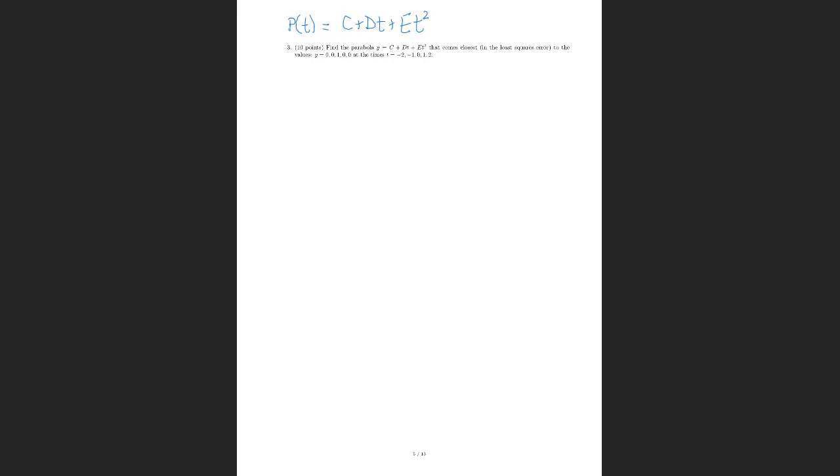So then if we plug these in for t and plug these in for the polynomial, that will give us a system of equations. So let's see here, for the first one, y should be 0 when t is negative 2. So I'm going to plug negative 2 for t over here. And I'm going to do the same thing for the remaining data points. So the next one is y should be 0 when t is negative 1.